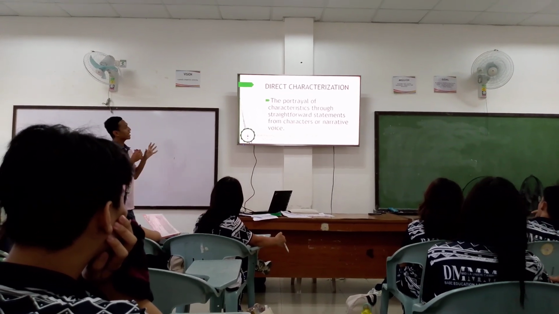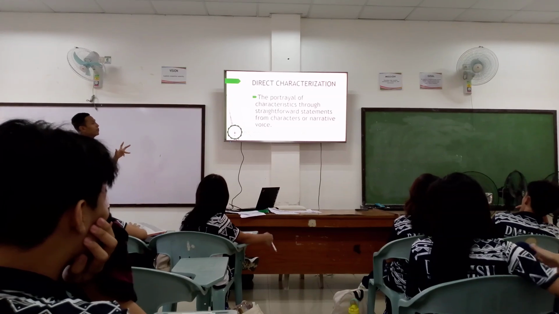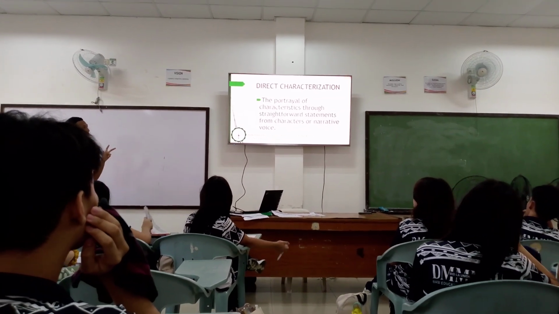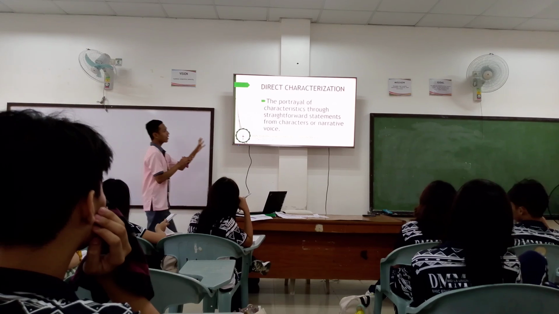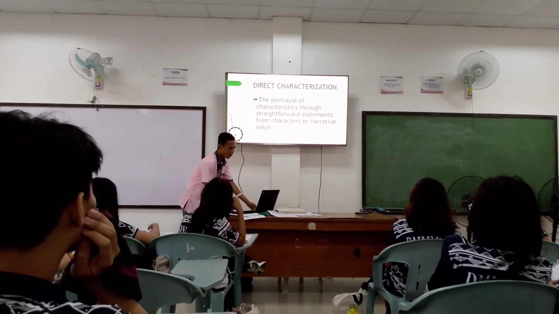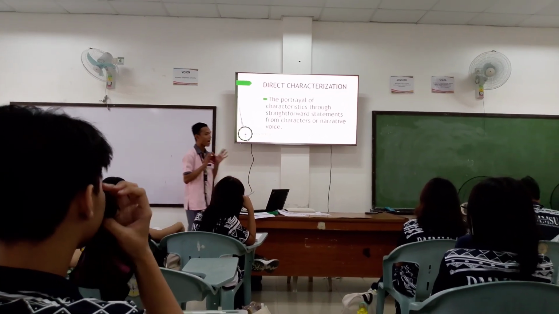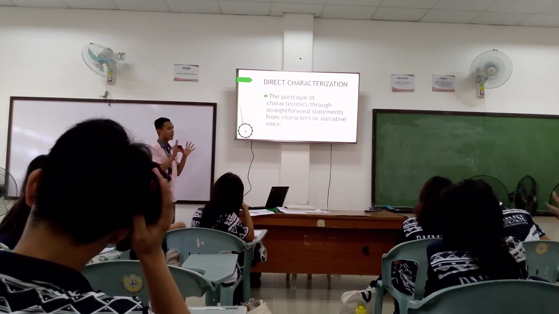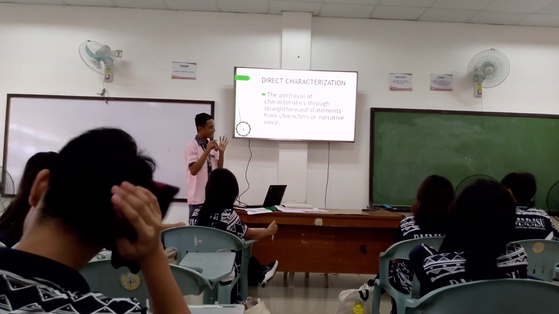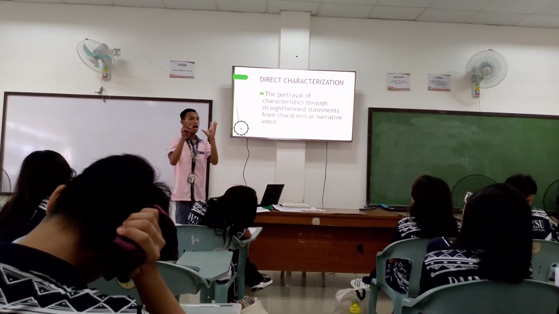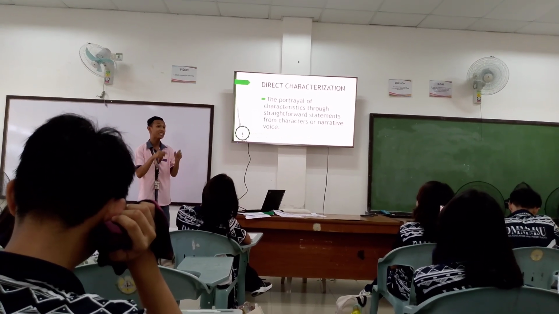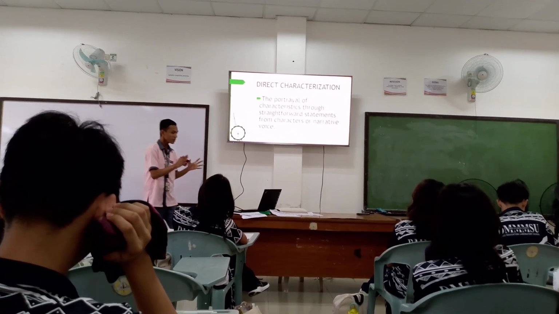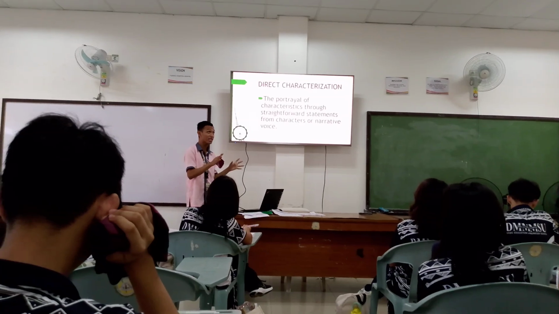When we say direct characterization, the portrayal of characteristics through straightforward statements from characters or narrative voice. So it refers to how qualities of characters are presented clearly, directly through dialogue or the narrator's description of the characters.